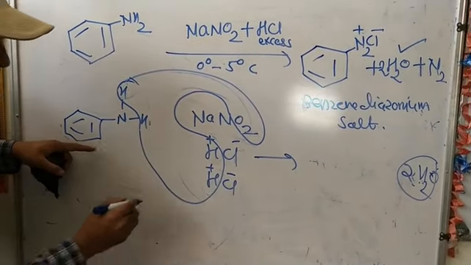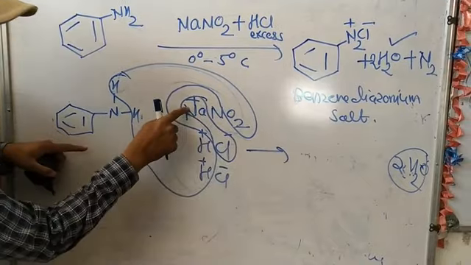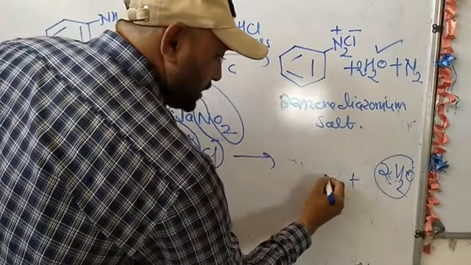Now what remains? Na plus combines with chlorine forming NaCl.